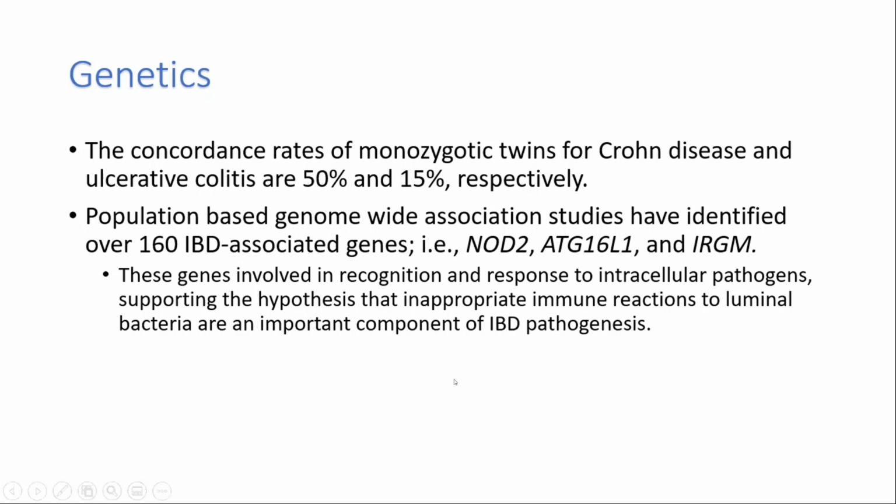With genome-wide association studies, they have identified more than 100 IBD-associated genes, especially NOD2 as listed, where these genes are involved in recognition of intracellular pathogens. So when there's polymorphism of these genes, it leads to an inappropriate immune reaction to the bacteria, and thus leads to the pathogenesis of inflammatory bowel disease.